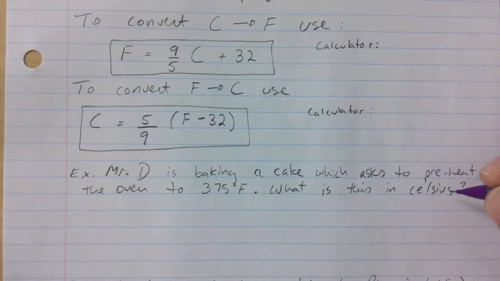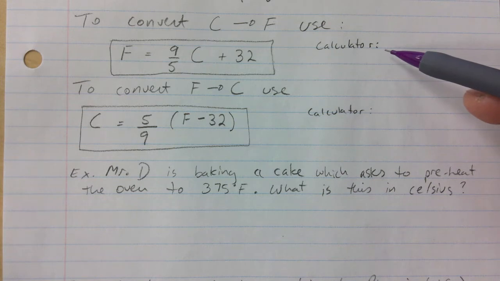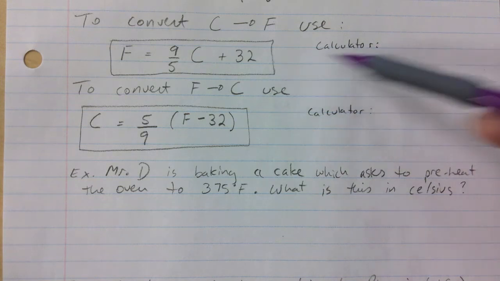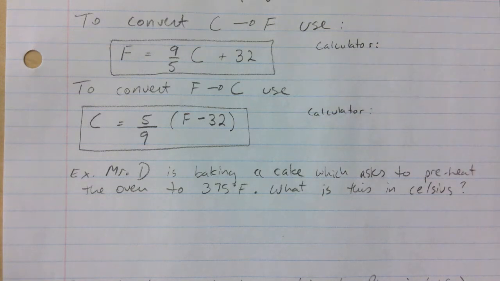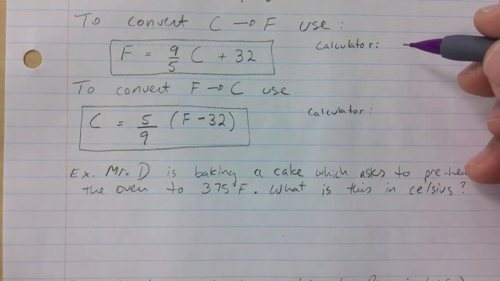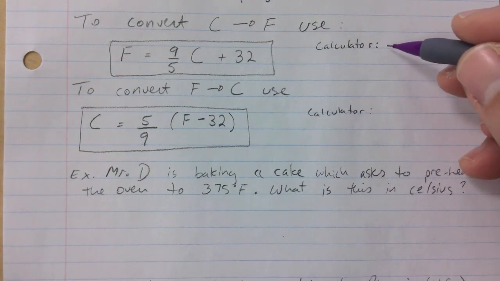So before we answer this, I'm going to tell you up here, you know how it says calculator next to the formula? Some of you might appreciate this, right? How do you type that into your calculator? It may differ based on what kind of calculator you have, okay?